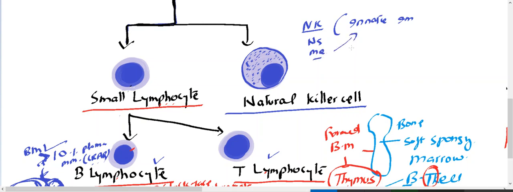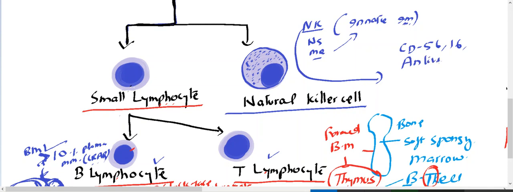Those are all the innate immune cells. These NK cells are recognized by CD56 and CD16, unlike macrophages, which are recognized by CD14. And these NK cells play an important role in antiviral and anti-tumor properties. That means they play an important role in killing the virus and killing the tumor.